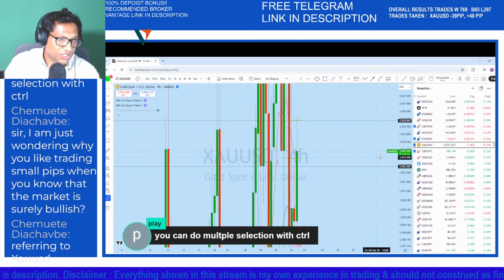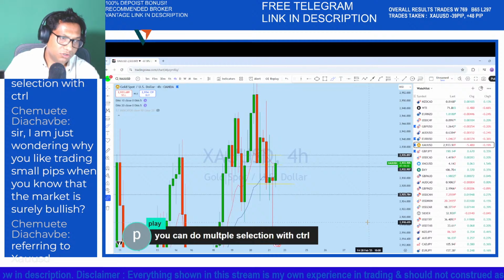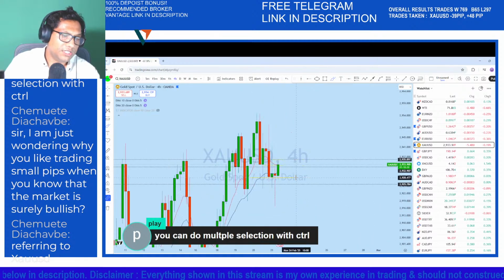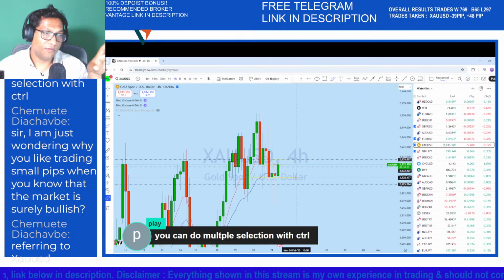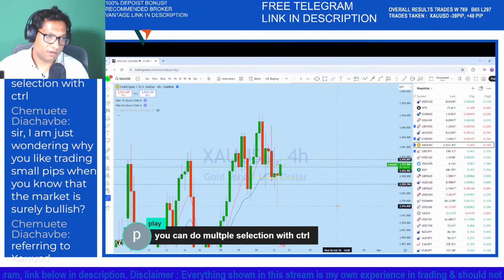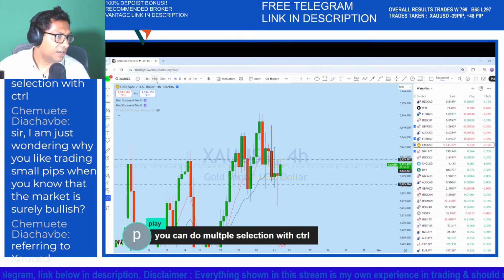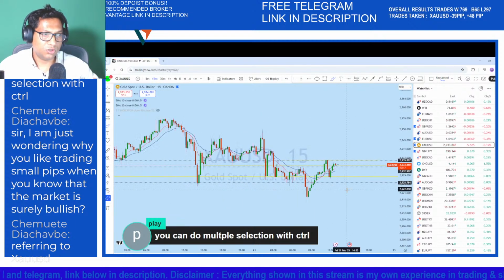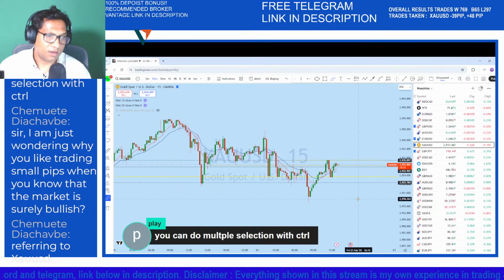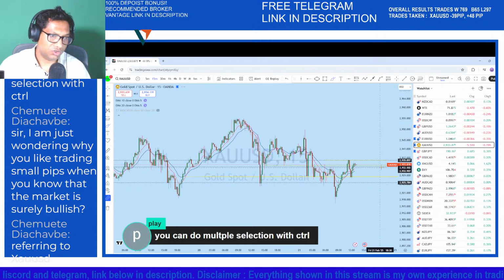I frequently change the multi-time frame because that's where you see that when you look at the 4-hour chart, what do you see? That it's a completely different picture when you look at the 15-minute chart. You can't recognize the structure.